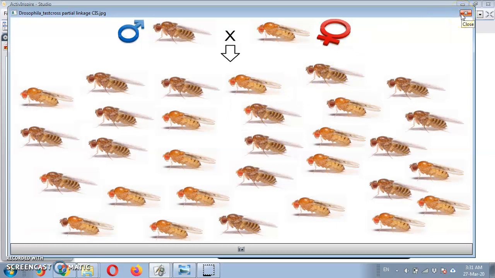Also, this number will indicate the percentage of gametes produced by the hybrid parent.